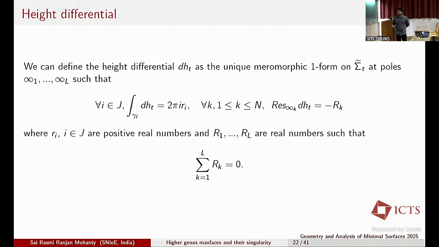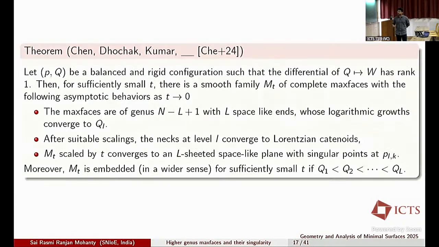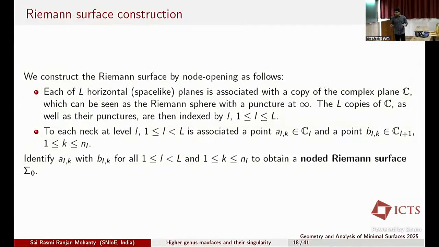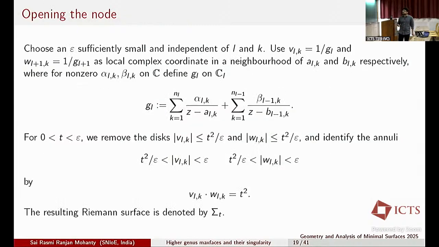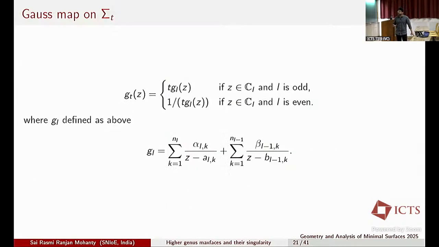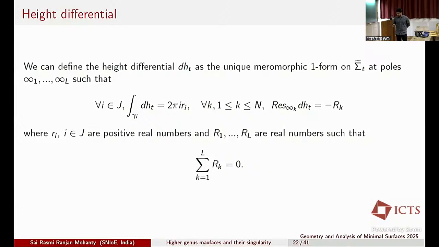That means we already constructed this surface, which has these properties when t tends to 0. So next is which type of singularities this family of surfaces has. Already we know that points with mod G equal to one are the singularities of this family, where G is the Gauss map.